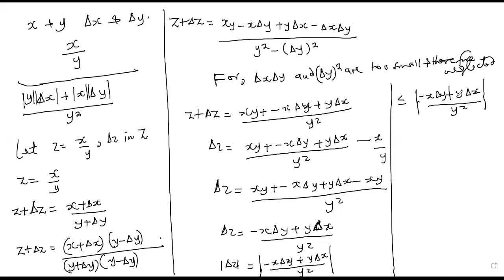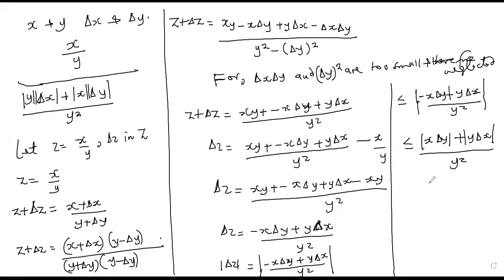When you take the magnitude, of course, the negative will become positive. So it will be x delta y plus y delta x out of y squared.